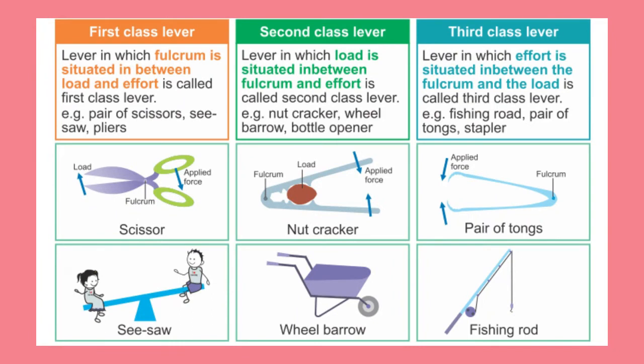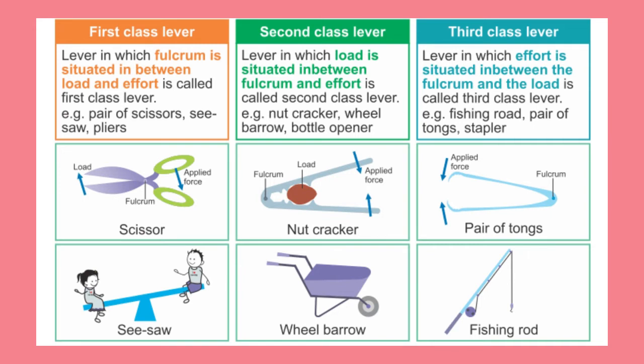Number 1. A lever in which the fulcrum is situated in between the load and effort is called a first-class lever. Examples: pair of scissors, seesaw, and pliers. Number 2. A lever in which the load is situated in between the fulcrum and effort is called a second-class lever.